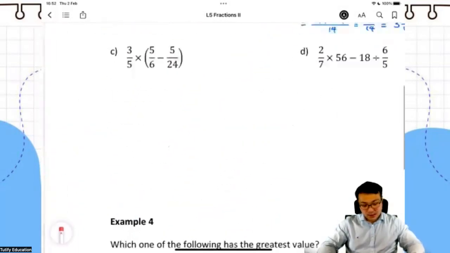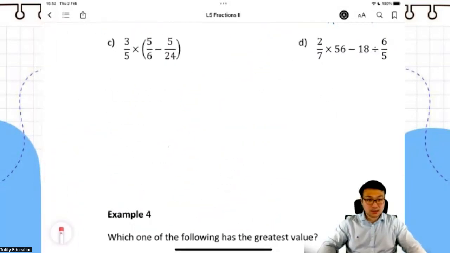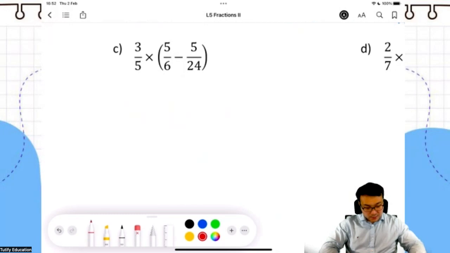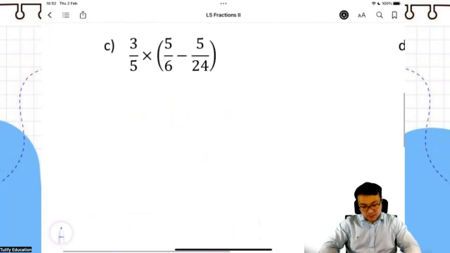No problem. Okay, let's check in with Kate. Come, Kate. What are we gonna do first? Multiply first or brackets first? Brackets. Okay, then let's go ahead with the brackets.